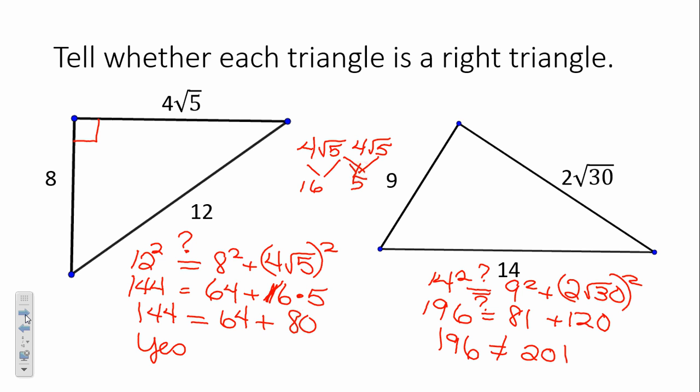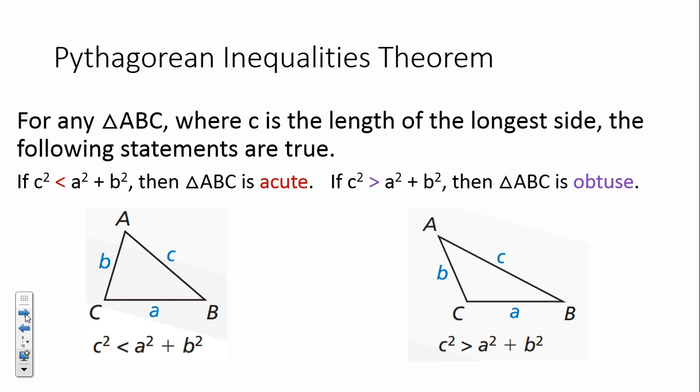Okay? All right, last slide. The last slide is about the Pythagorean Inequality Theorem. Pythagorean Inequality Theorem says, guess what? If c squared, your longest side squared, is less than the sum of the other two sides squared, then the triangle's acute.